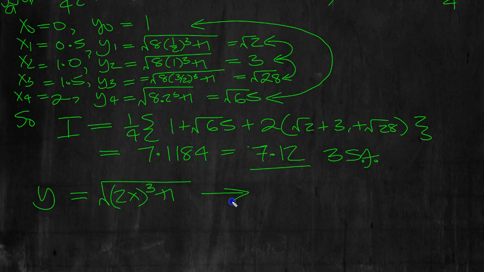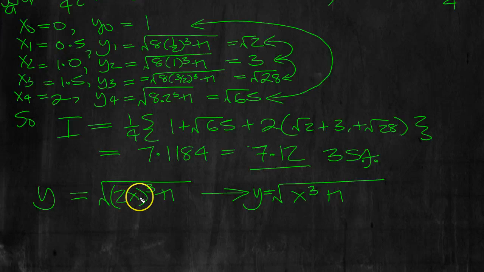That maps onto this one, the square root of x cubed plus 1. Okay, that's what we've got there then. So basically, maps this onto this. So the 2x becomes an x.